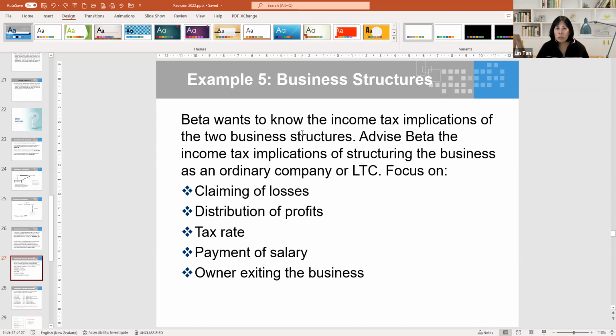For instance, if it is to do with claiming of losses, within the tax legislation, they allow the loss to be set off against the sole trader's other income. All right, so that's what I say. Read the question carefully, because you have to focus on what the question asks you to do, or what is the issue that is raised in that particular question.